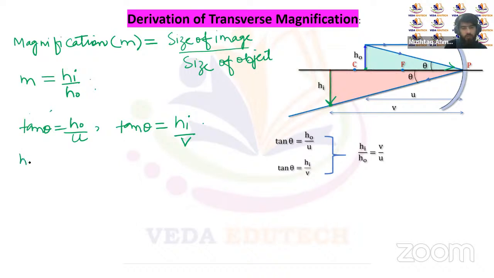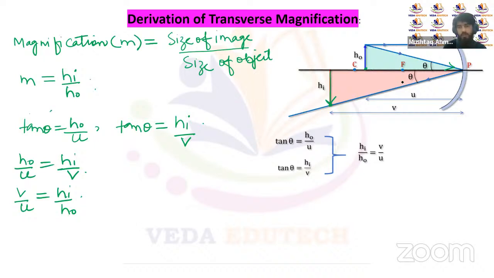From here, height of object upon object distance equals height of image upon image distance, or we can write v upon u equal to height of image upon height of object. So this is the magnification in case of spherical mirrors.